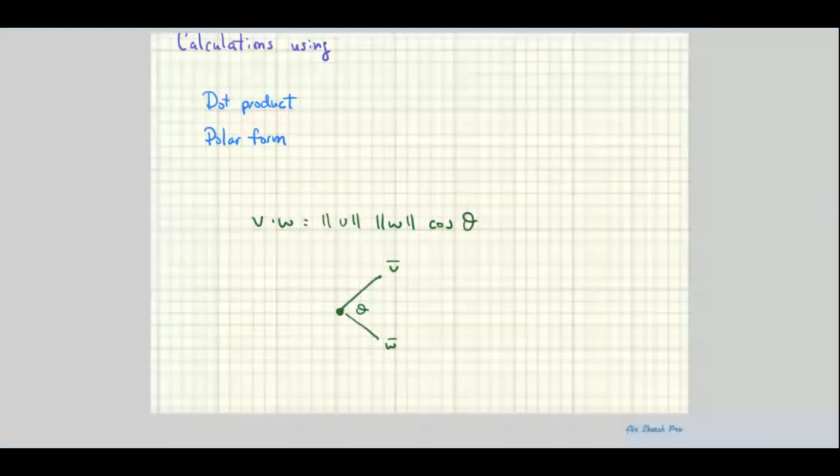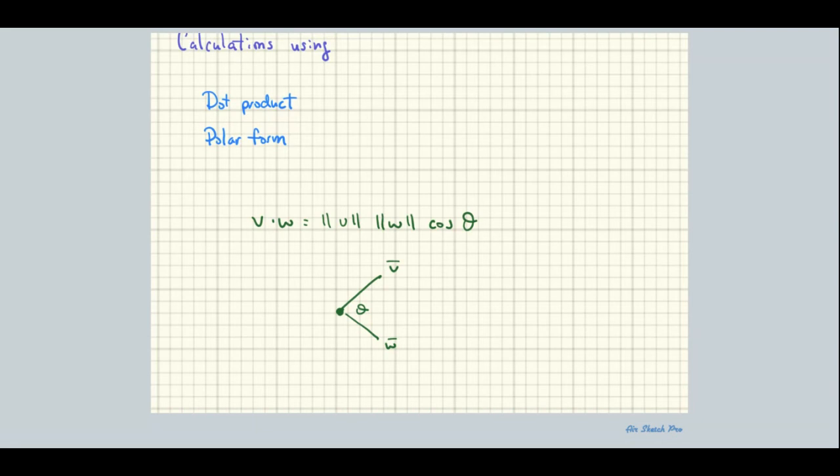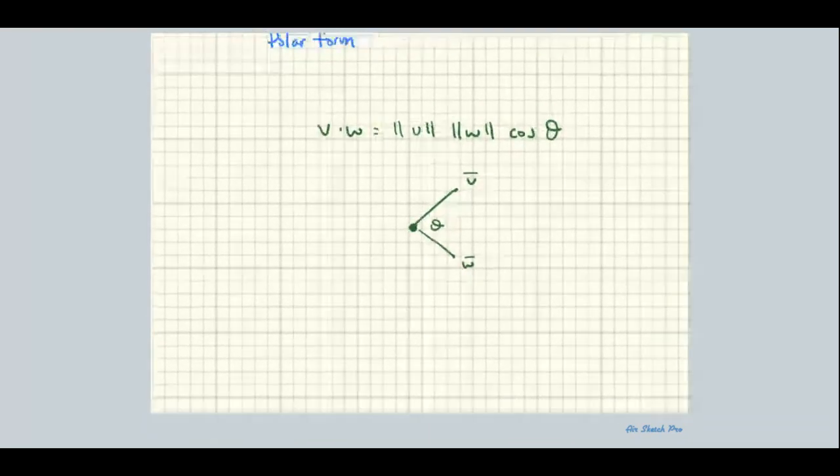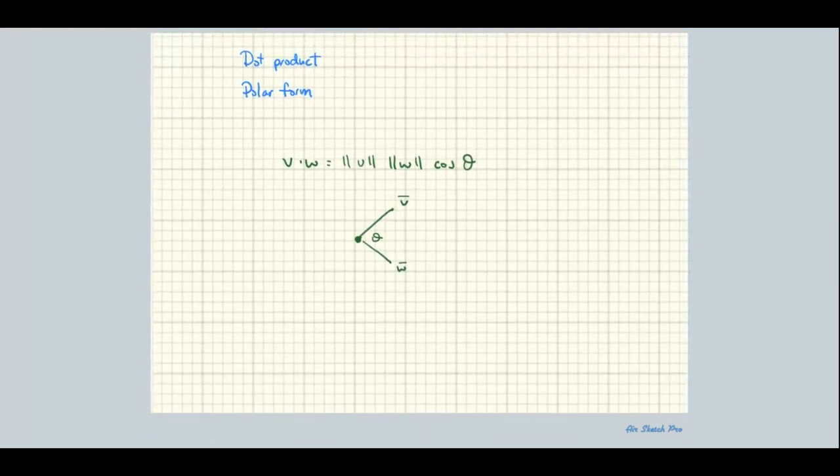And so the nice thing is if you're taking a dot product of two vectors which are perpendicular, you're going to end up multiplying by the cosine of 90 degrees, so the dot product is 0. And that's one of the first most important things to remember about the dot product: v dot w is 0 if and only if v is perpendicular to w.